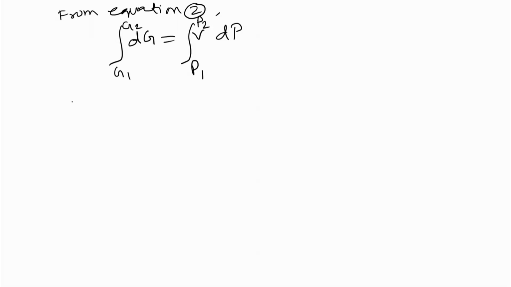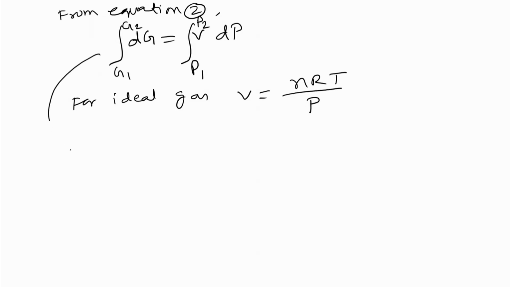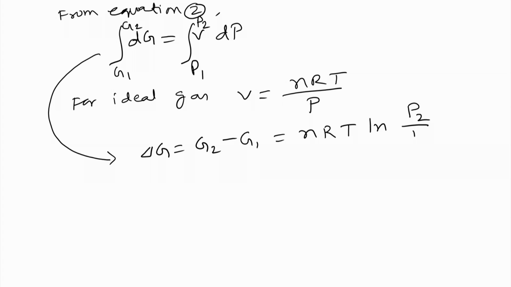For an ideal gas, V is nothing but nRT by P. So we can write delta G, which is G2 minus G1, as nRT ln P2 by P1.